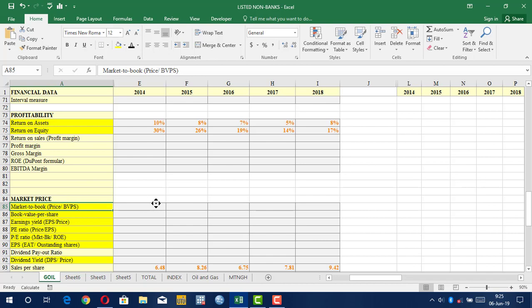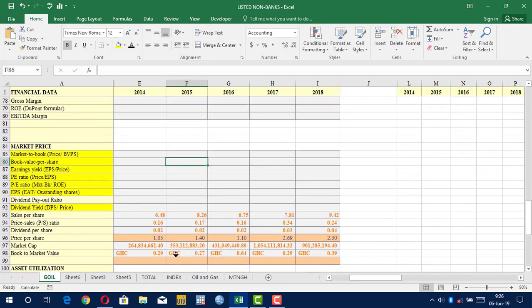So these are ratios that tell us how profitable the company is, or how the company is performing or how lucrative the company is on the markets and in their books, in terms of dividends that they are paying, in terms of their market price, in terms of their equity, a whole lot.